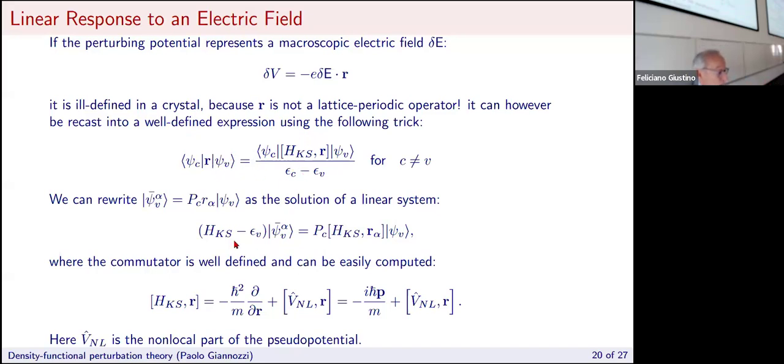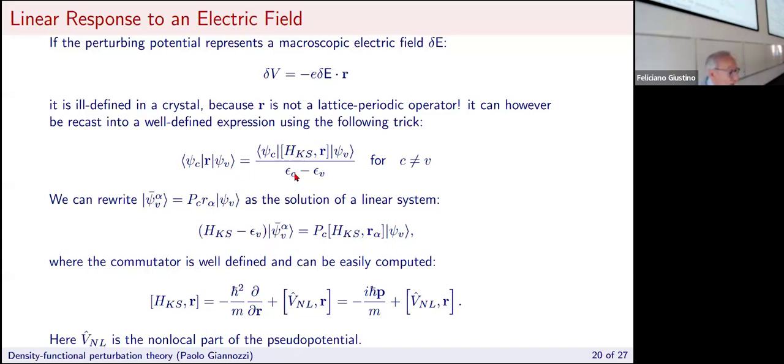And once we have this, we can obtain the potential of the electric field. The position operator times an all-occupied wave function we can write down by solving this linear system, which comes from here.